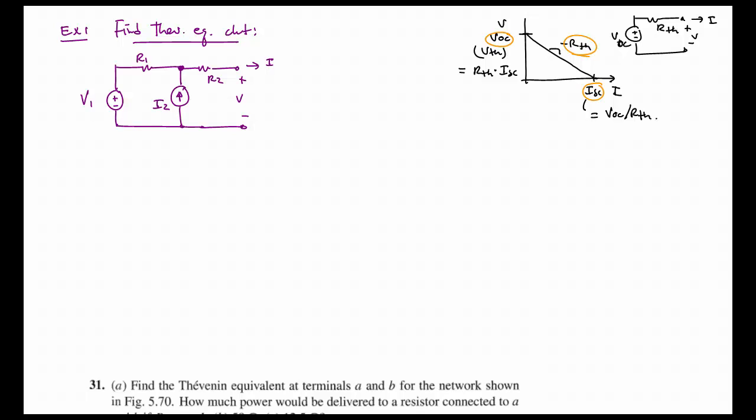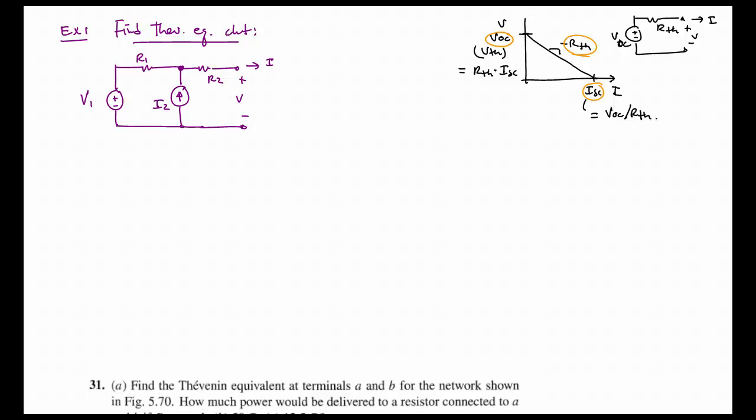So when solving a Thevenin equivalent problem, you ultimately want to be able to draw the Thevenin equivalent circuit, which requires a Thevenin voltage, or Thevenin open circuit voltage, and a Thevenin resistance.